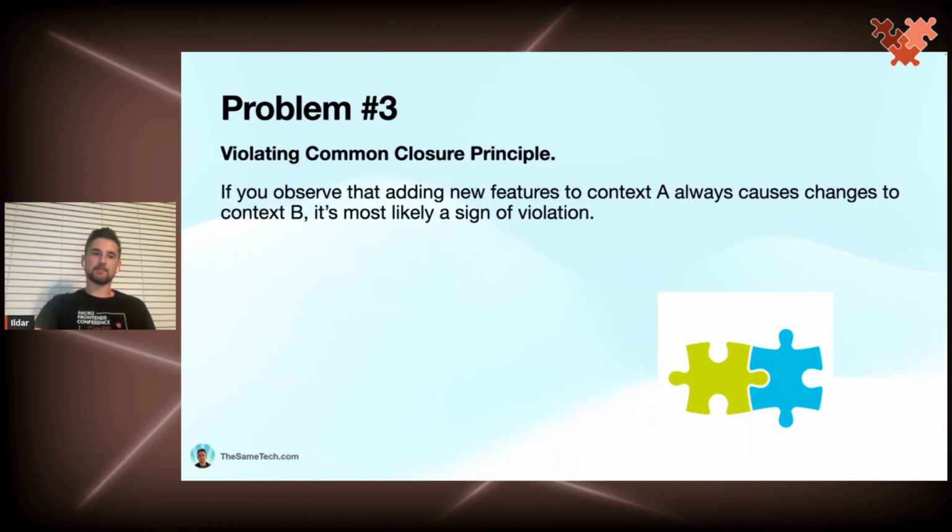The next one, violating common closure principle. As in software design, common closure principle means if two classes change in lockstep because of the same underlying reason, they probably need to belong to the same package. And similarly, in the micro frontend architecture, if we observe that adding features to one application always causes changes to another one, basically, if it touches two contexts and involves more teams, it's most likely a sign of violation.